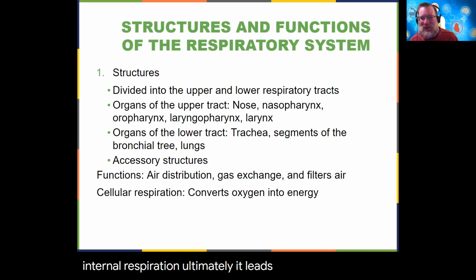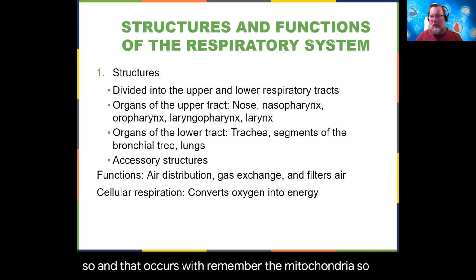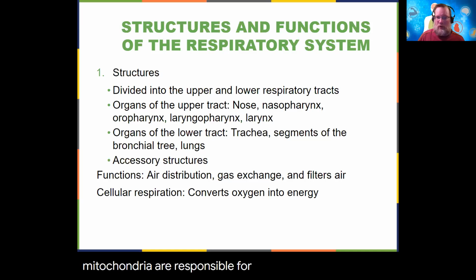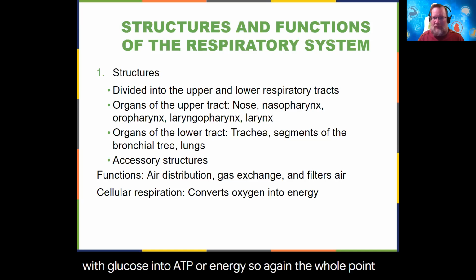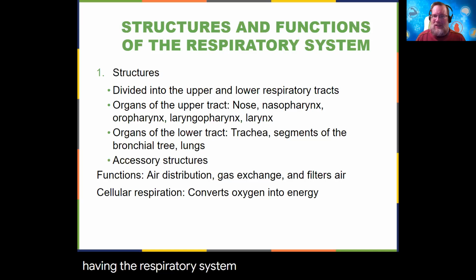Ultimately, it leads to cellular respiration, and that occurs with, remember, the mitochondria. Mitochondria are responsible for converting oxygen along with glucose into ATP or energy. So again, the whole point of having the respiratory system is so we can get oxygen in and get that oxygen ultimately to the mitochondria.